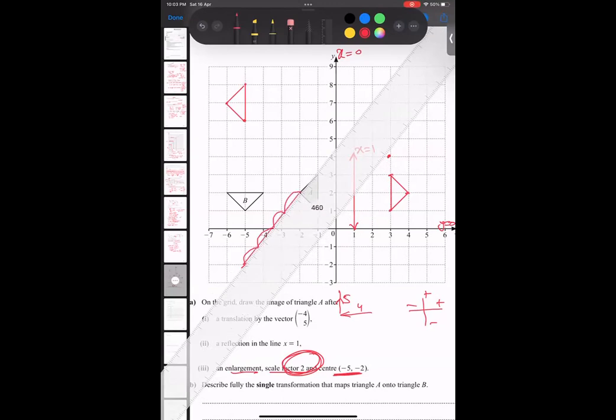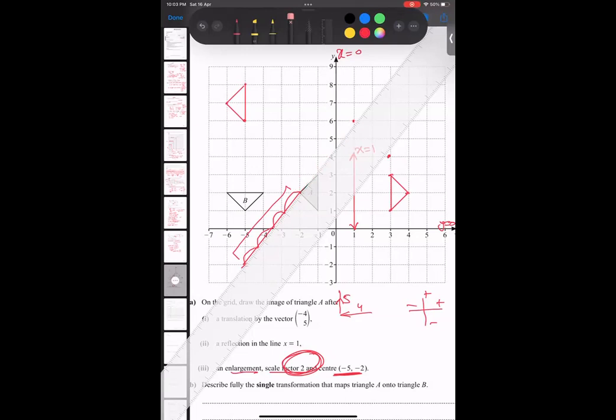Count again. 1, 2, 3, and 4. Wait a minute, let me check again. How much distance is this? Make it double. So I think the point is coming exactly here. Okay, so this is correct.